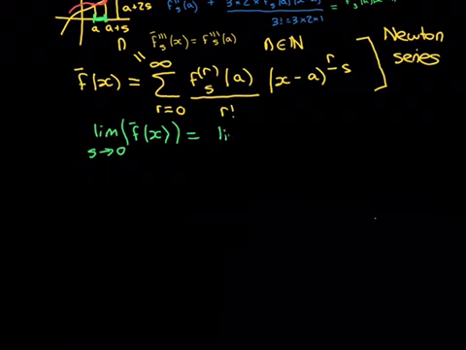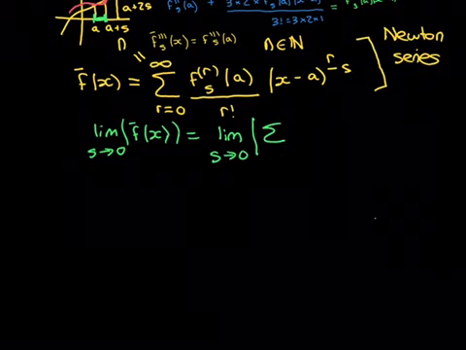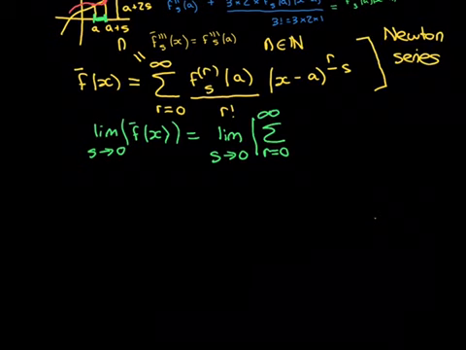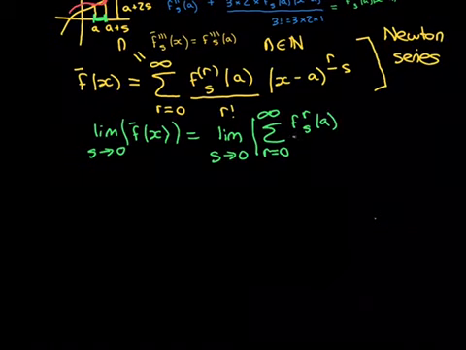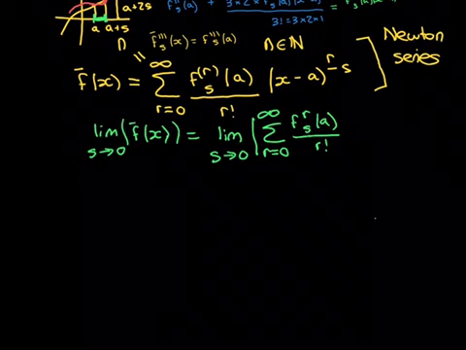So let's do that. Limit as s approaches 0 of this great big sum of the rth derivative evaluated at a over r factorial x. And in fact, this is the point where it's going to be easier to write out the falling factorial with a product.